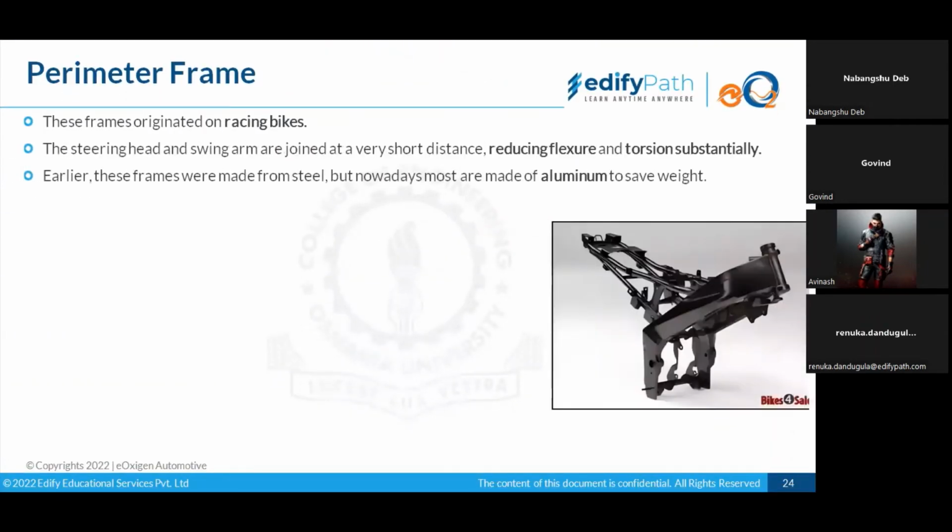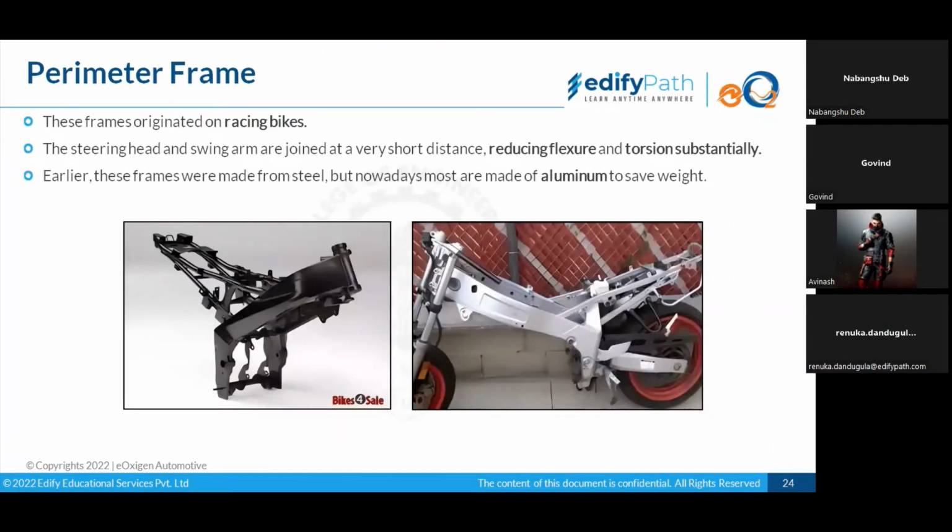This is the perimeter frame that we spoke about earlier. Normally racing bikes have it because, as we spoke about, they have a shorter wheelbase. A shorter wheelbase gives them a high speed turning advantage. These frames originated on racing bikes, and when they came into being, they were mostly used for racing bikes only.